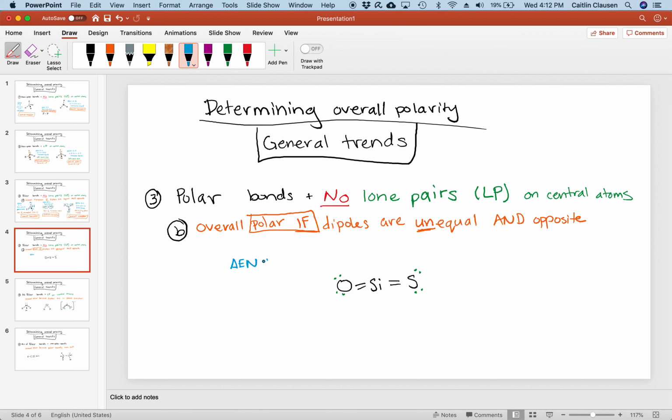So this is oxygen and silicon, and this is going to be silicon and sulfur. So oxygen is 3.5, silicon is 1.8. Sulfur is 2.5, and again, silicon is 1.8.